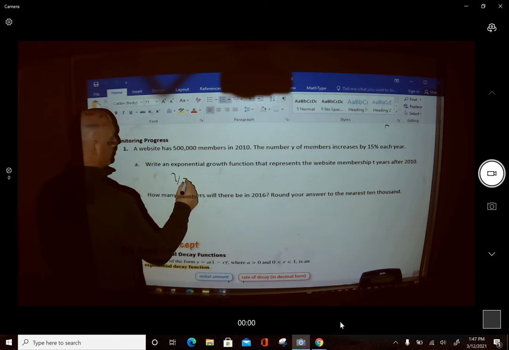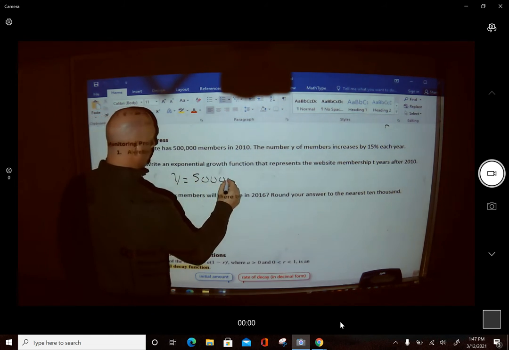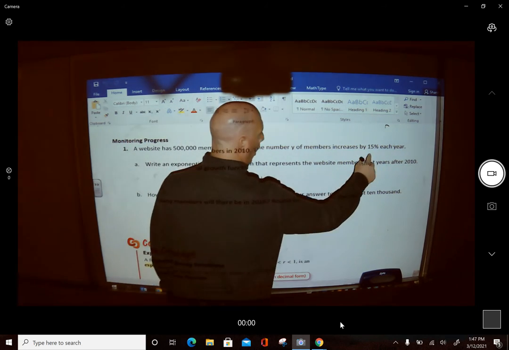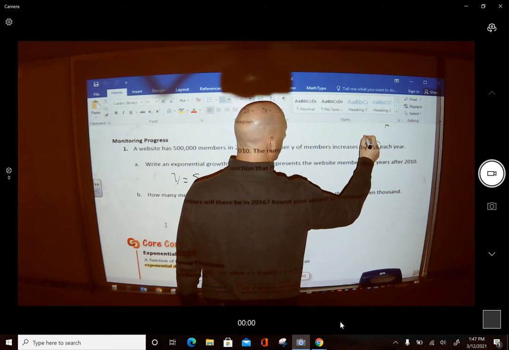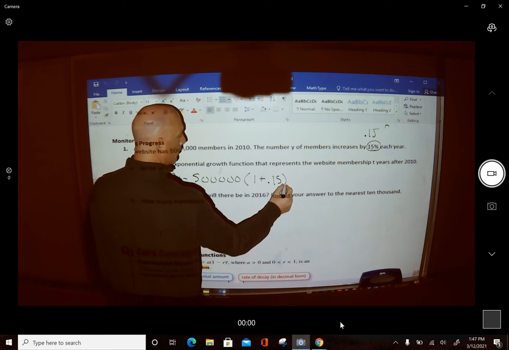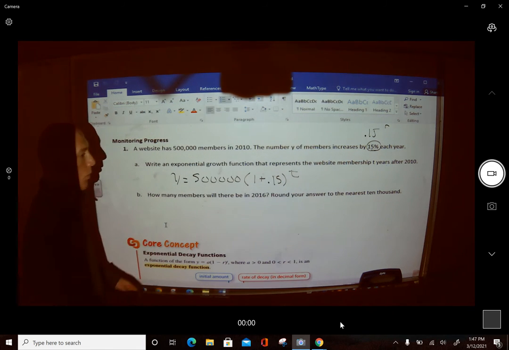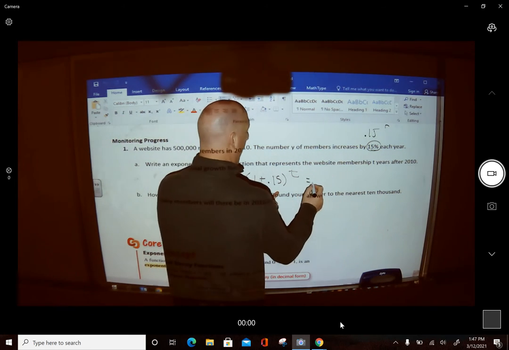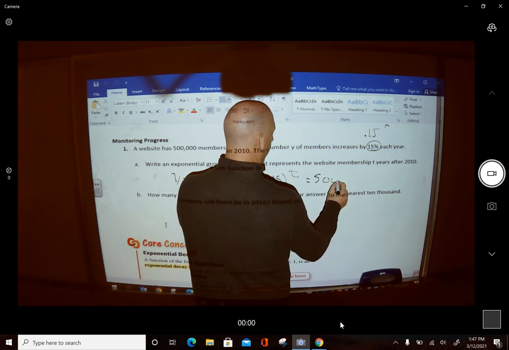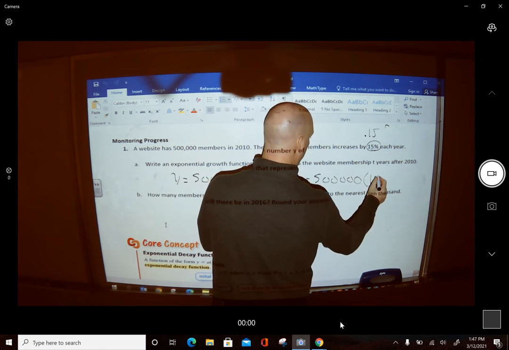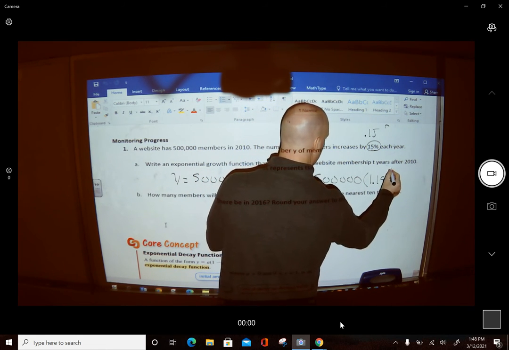So y equals 500,000 outside of 1 plus our r, that we're going to call 0.15, so 0.15 to the t. We knew it was exponential growth, so we just look for our exponential growth formula. But we want to write this as a factor, so it's 500,000 outside of 1.15 to the t.